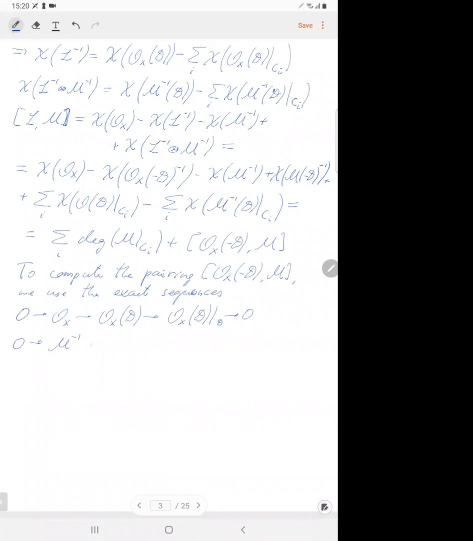M inverse goes to M inverse of D, goes to M inverse of D restricted to D.